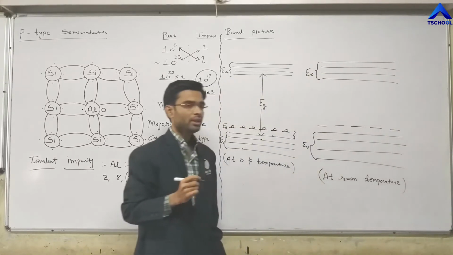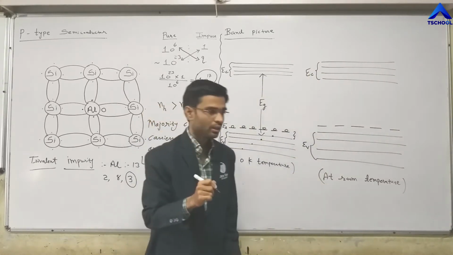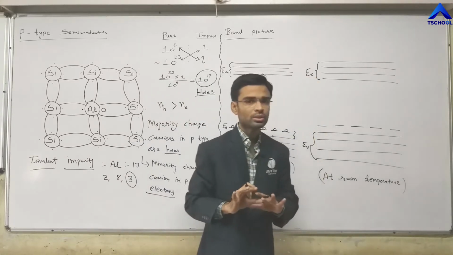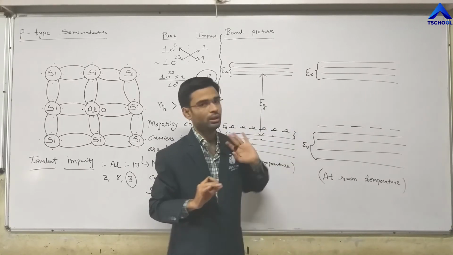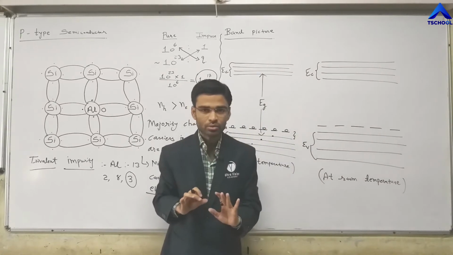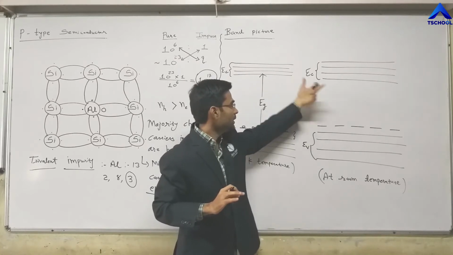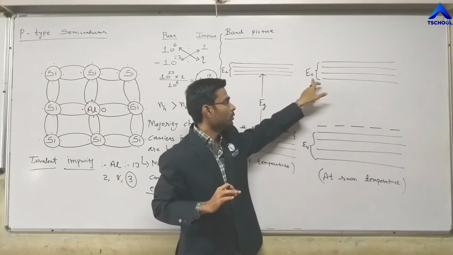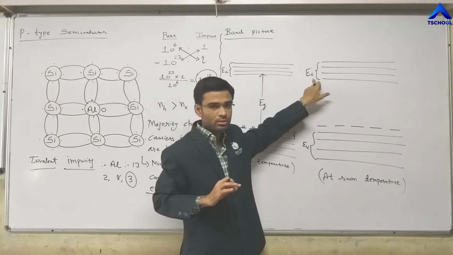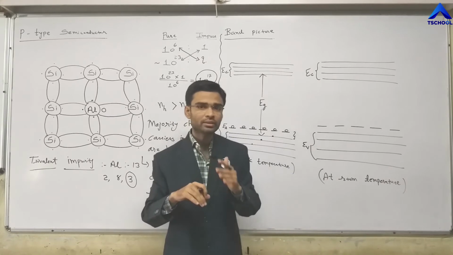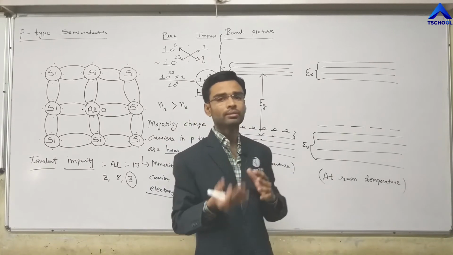Current is constituted only when a larger number of electrons are available in the conduction band. More electrons are free in the conduction band, and because of the movement of these electrons, they constitute an electric current, and the electric current flows in the semiconductor devices.